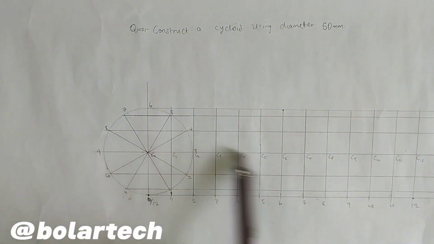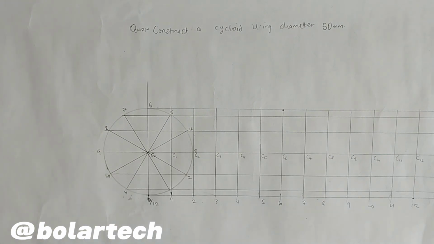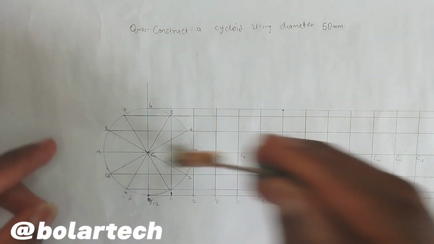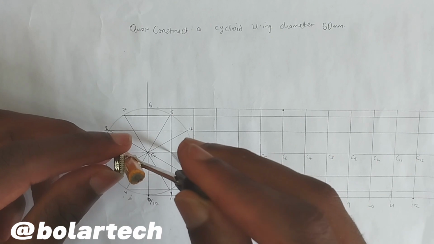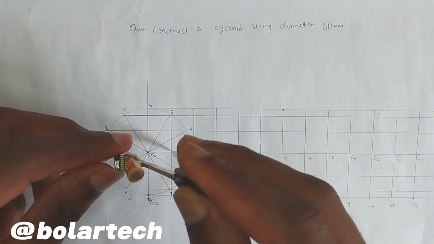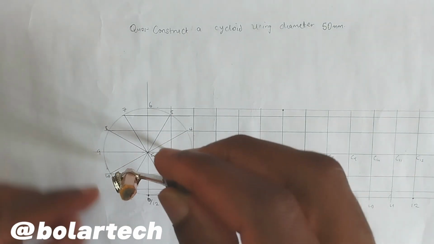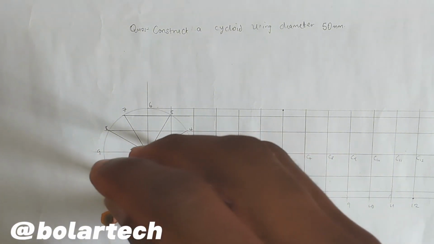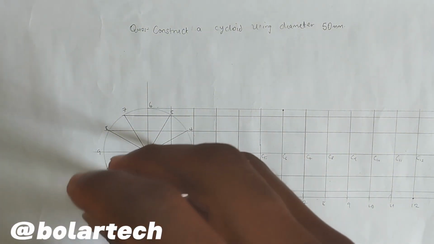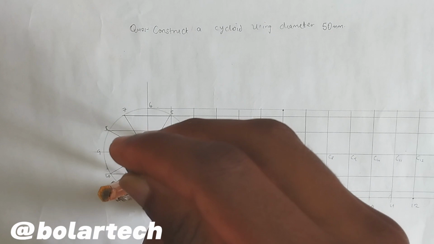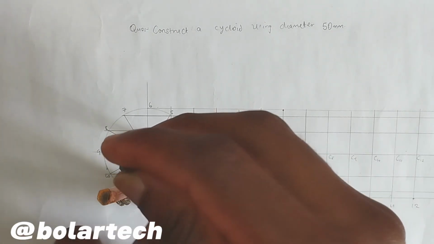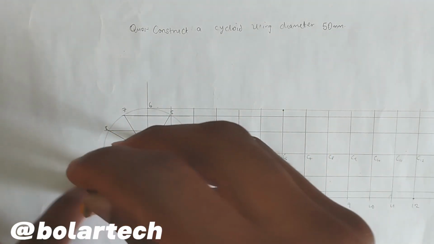So you are working with this center line here. So from point C1, using the radius of the circle, don't forget, you mark your point 1. This line 1 here, you are going to mark it.